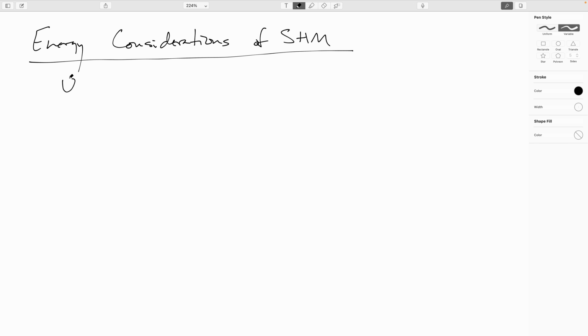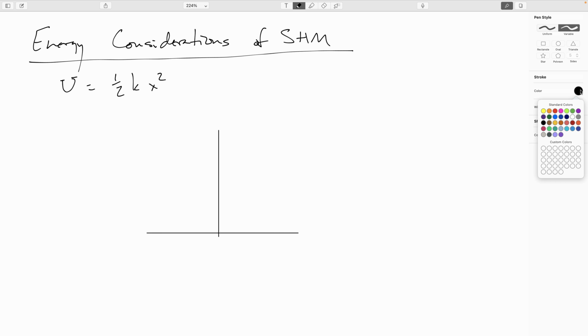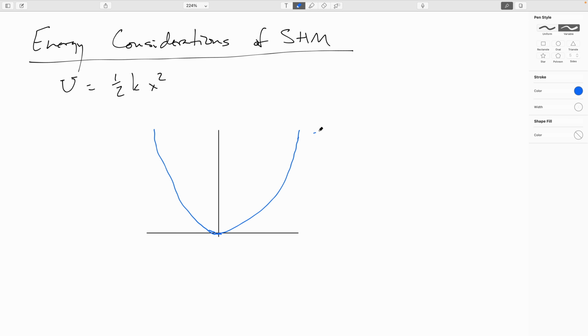And so the potential energy is 1/2 kx squared. So if we remember from before, we can say a lot about the motion just from that. I can go ahead and plot the potential energy. So this shape here for the potential energy is some kind of parabola. So it's known as 1/2 kx squared.